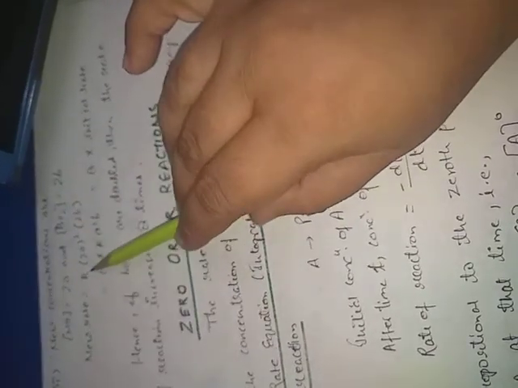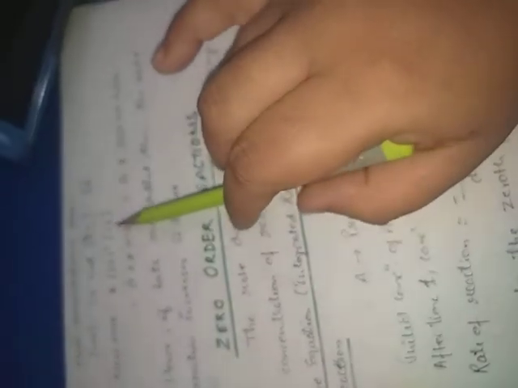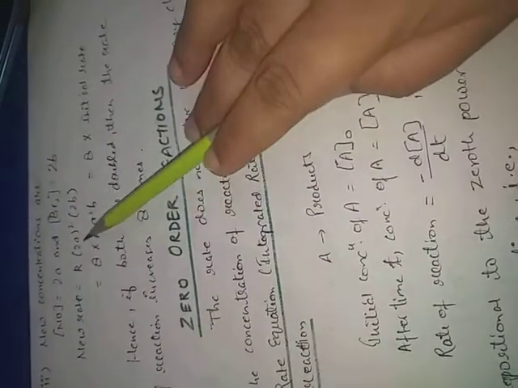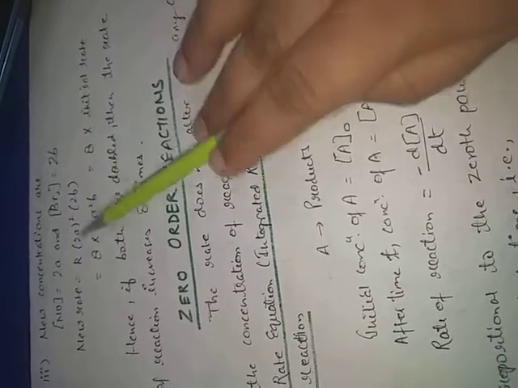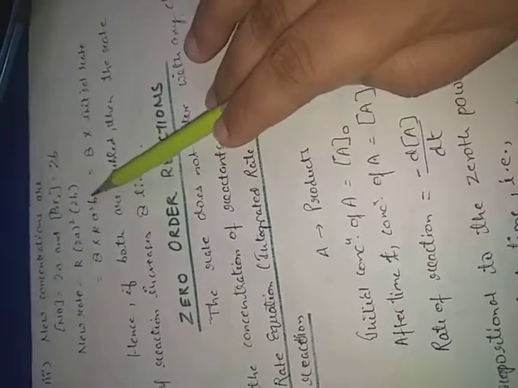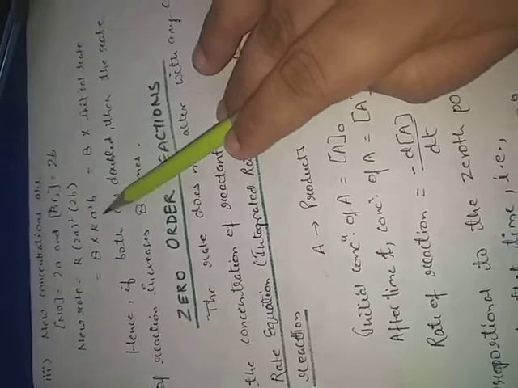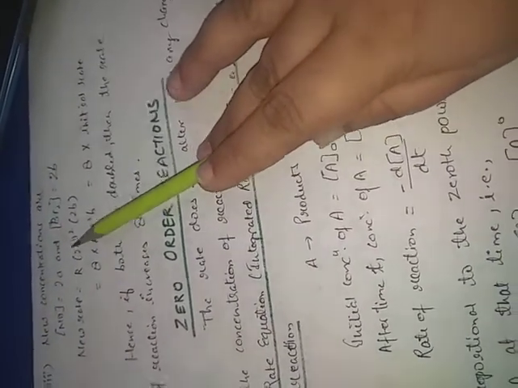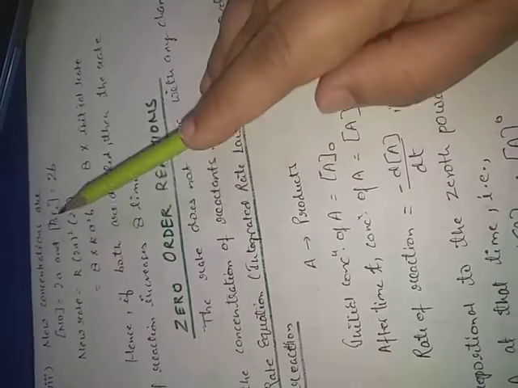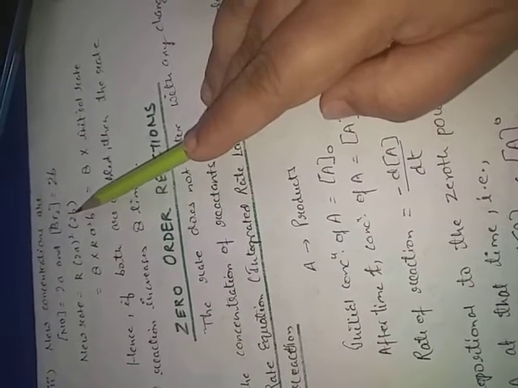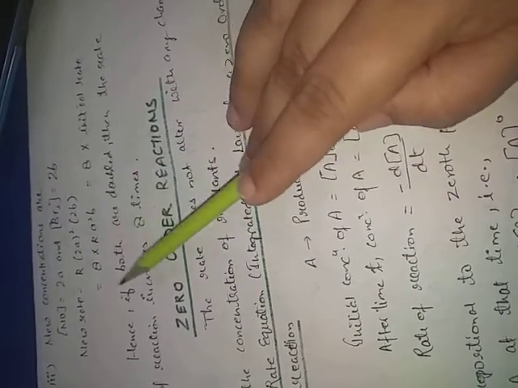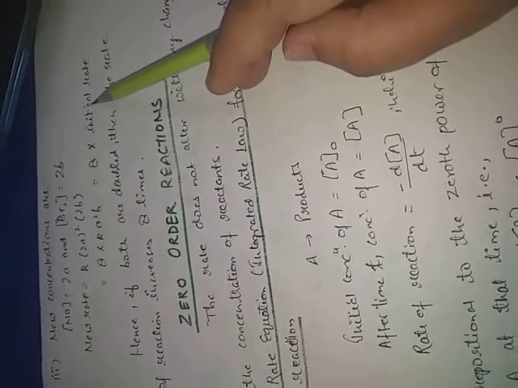So the new rate will be k into 2a square into 2b. See, it will be 2 2s are 4, 4 2s are 8, so 8 into k a square b, and k a square b is the initial rate. It means here in this reaction, if we double the concentration of NO and double the concentration of bromine, then the rate of the reaction becomes 8 times the initial rate.